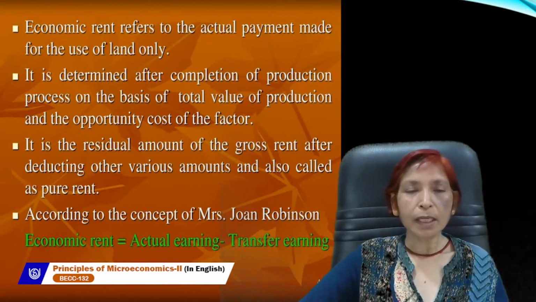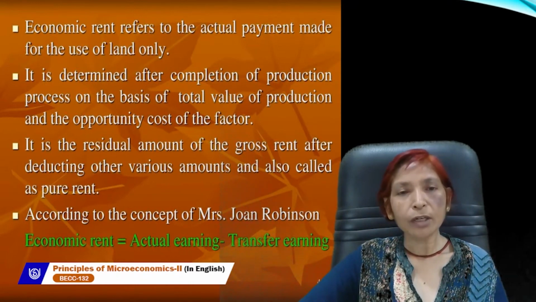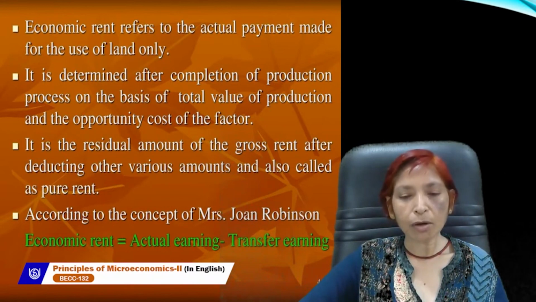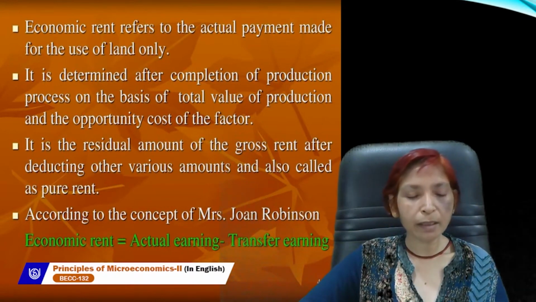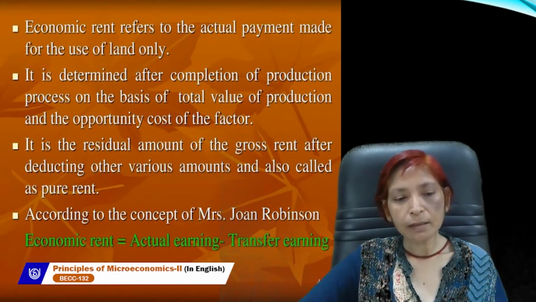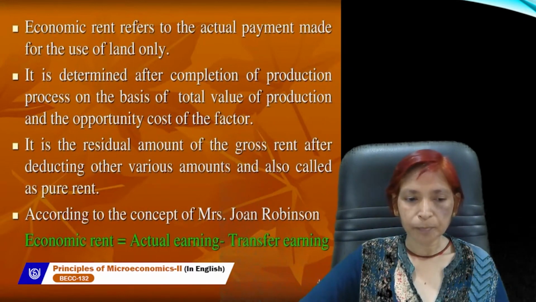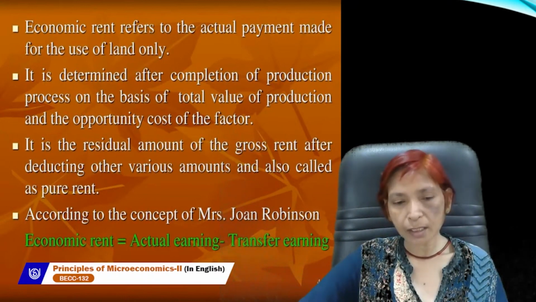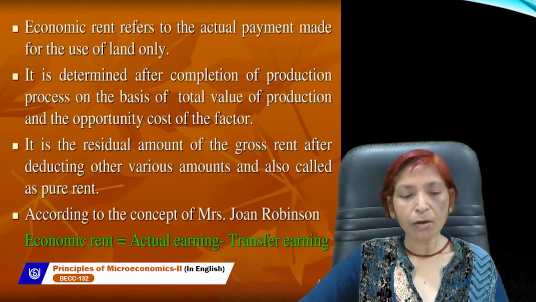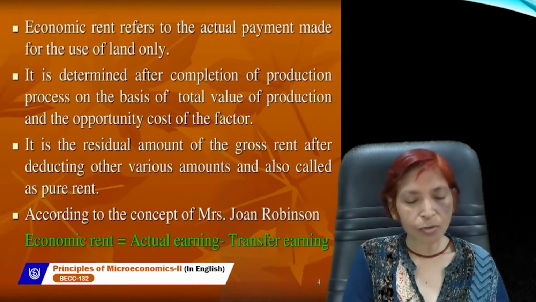According to the concept introduced by Mrs. John Robinson, economic rent is calculated by deducting transfer earning from actual earning. So actual earning minus transfer earning is the formula for economic rent. What is actual earning?